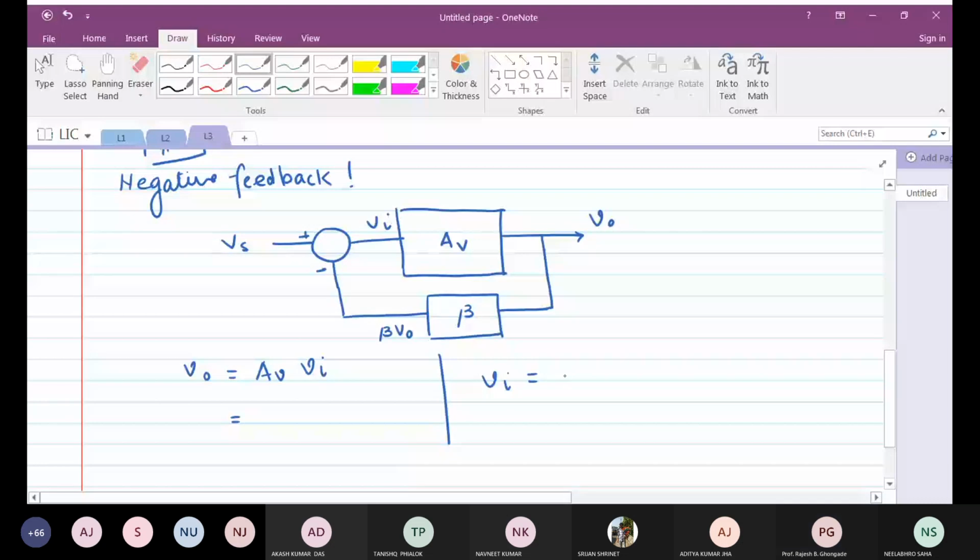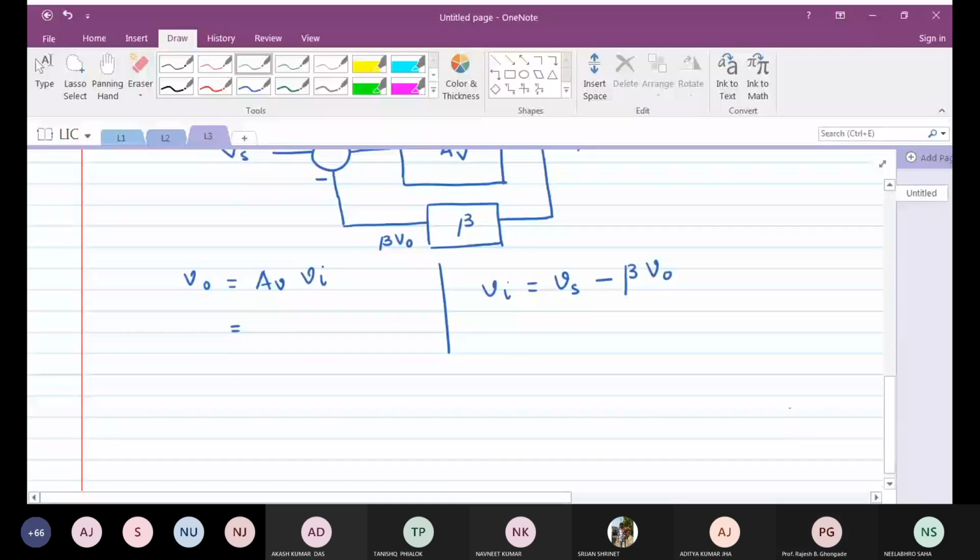Addition in the sense, this is negative. Please remember this. So this is Vs minus beta times VO. So I can write here AV into Vs minus beta times VO.